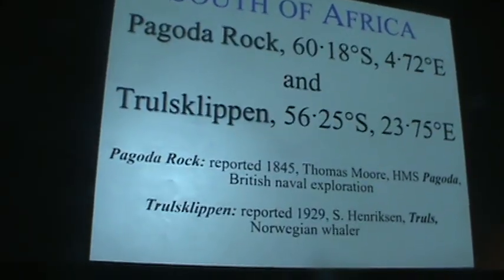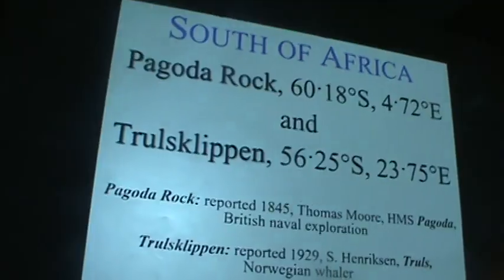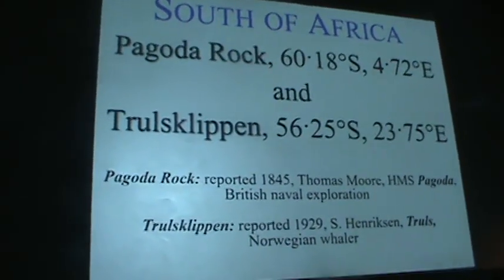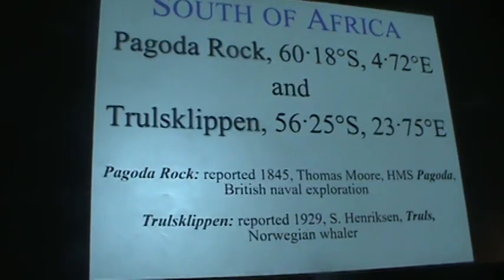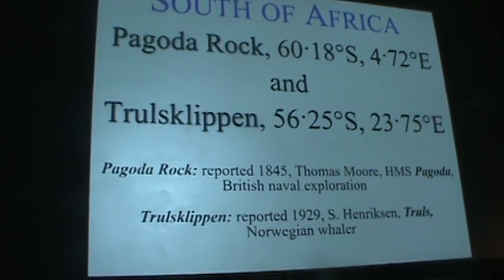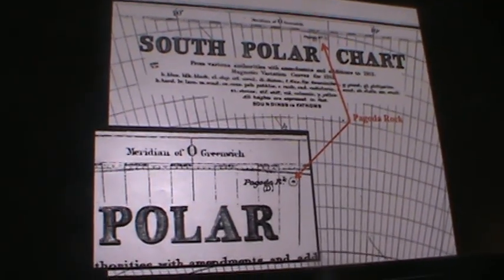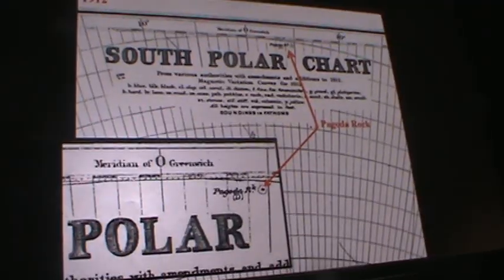South of Africa, apart from these volcanics, there's two rocks, Pagoda, named after the ship, and Trollsklippen, the Norwegian for Trolls Island, or Trolls Rocks. You can see that the survey ship found the first, and a whaler found the second in 1929. If you look at the maps, there you have Pagoda Rock distinctly shown on the South Polar Chart of the Admiralty in 1912.